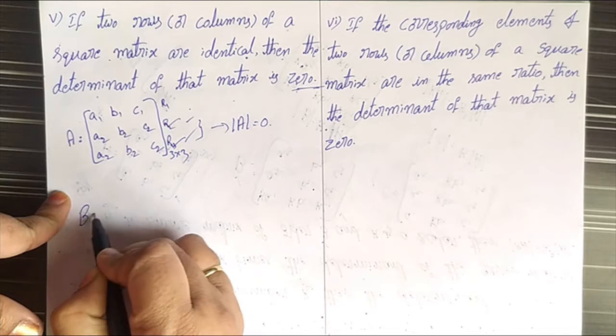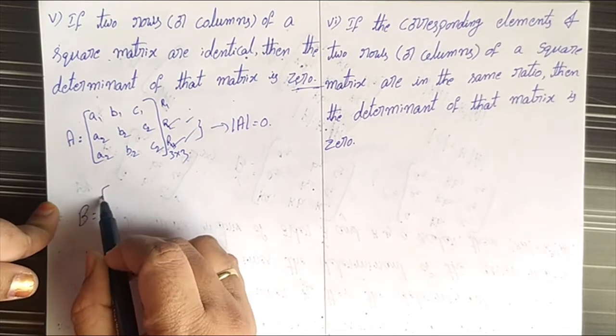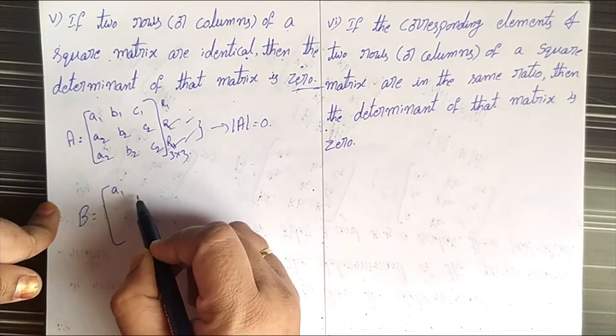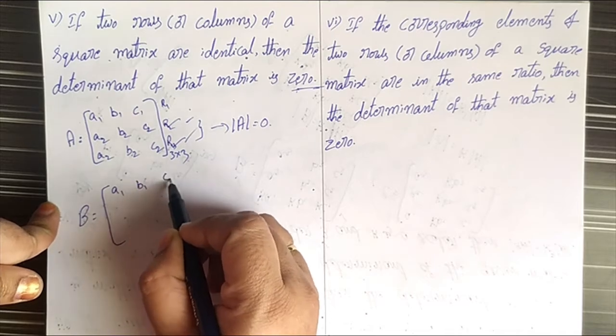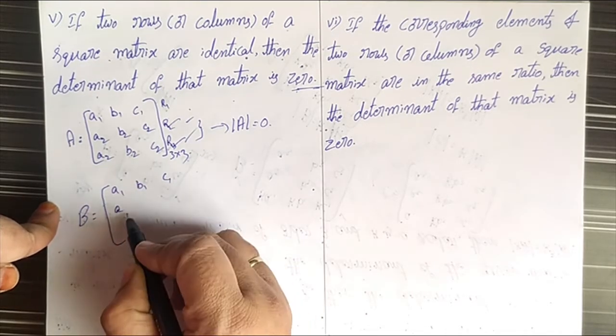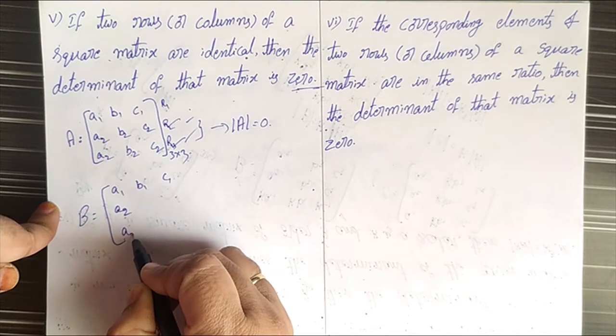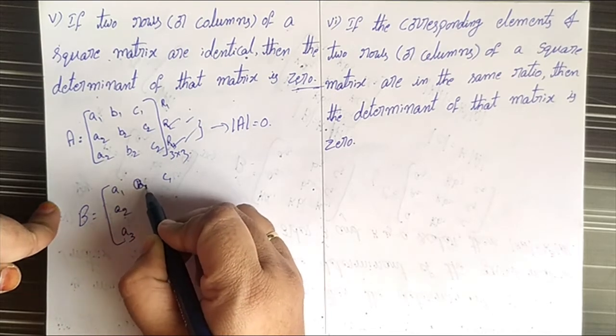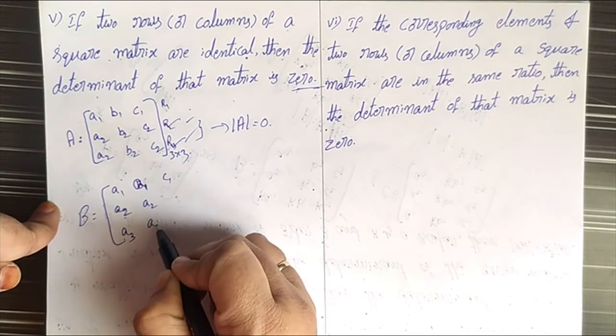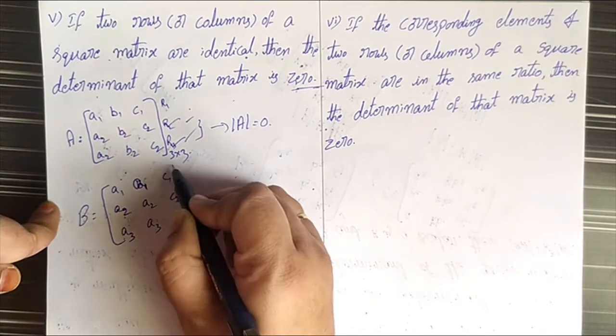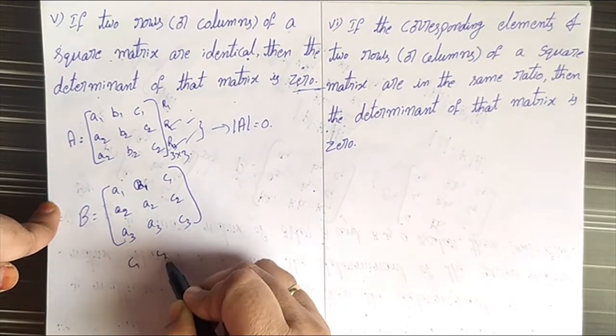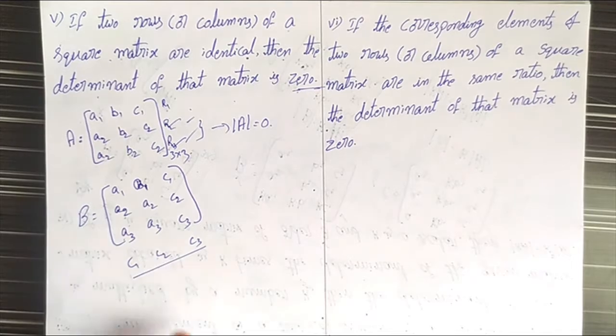Similarly, if B is another matrix with columns C1, C2, C3, these are three columns.